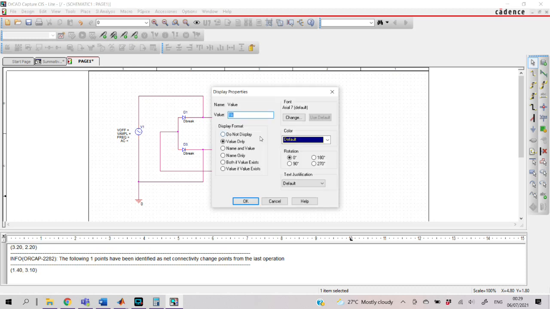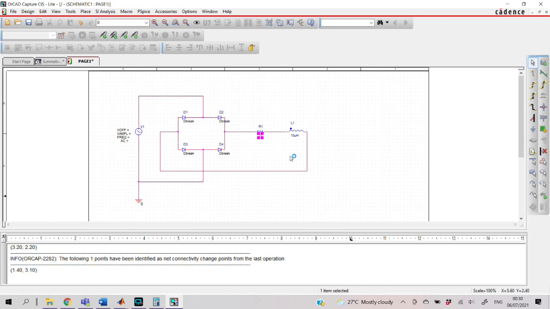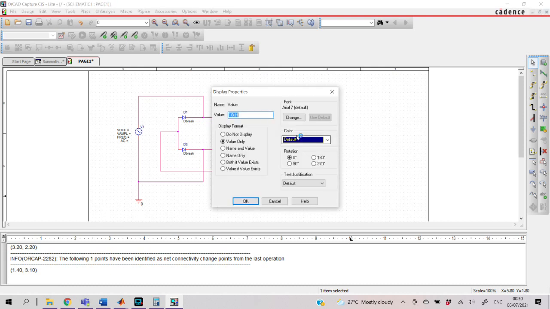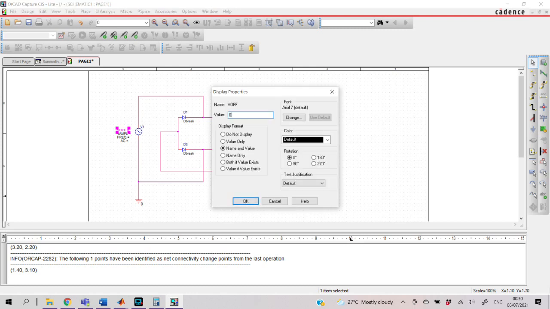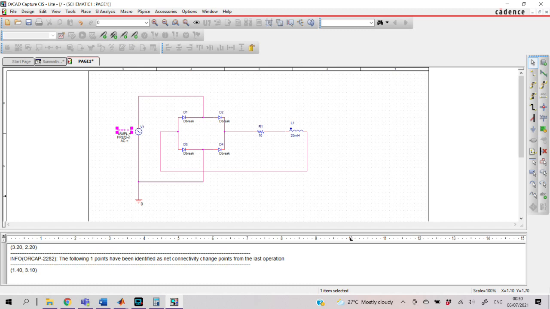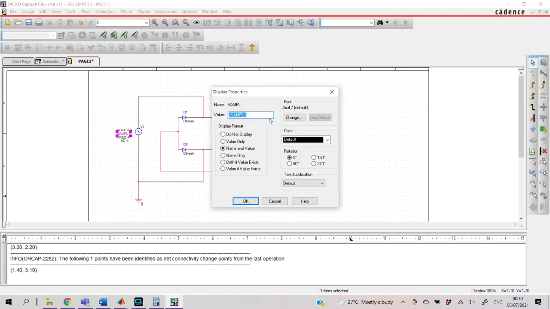For our resistor, we should change it to 10, since it is stated in the problem that the resistor is equal to 10, and the inductor should be equal to 25 millihenries. And then for the V offset, it should be 0. The V amplitude should be 170, since 170 indicates the peak value.